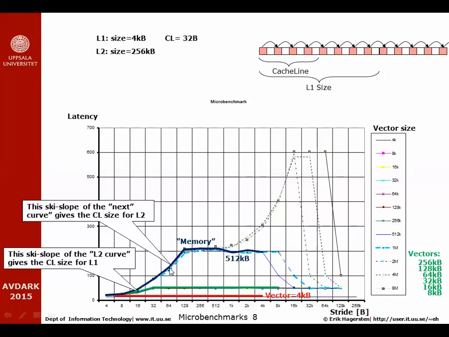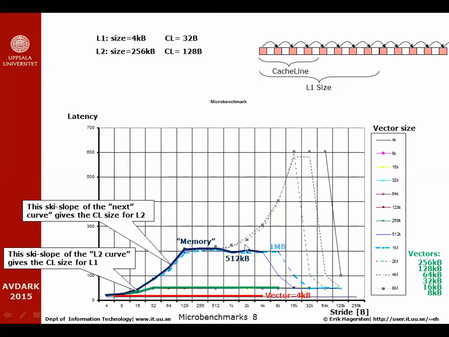You miss once, hit once, because the latency difference between memory and second level cache has been cut in half. And what we are looking at here is actually the spatial locality of the cache line size for the second level cache. So looking at 128 bytes, where this curve goes flat, that corresponds exactly to the cache line size of the second level cache. So now we could determine that as well.